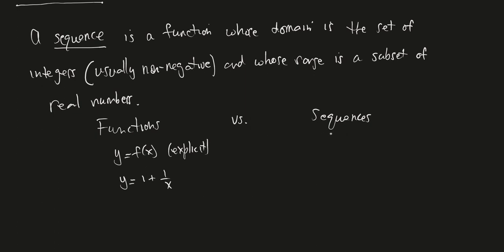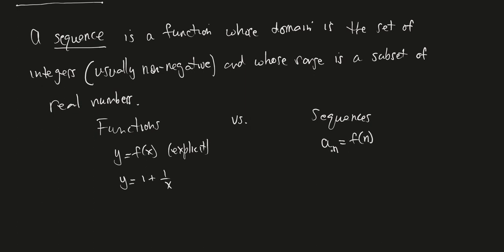For sequences, we typically use a sub n, or b sub n, or c sub n. So we typically use n as our independent variable, and we normally use a, b, and c for the dependent variable. You might see something like a sub n equals a function of n.